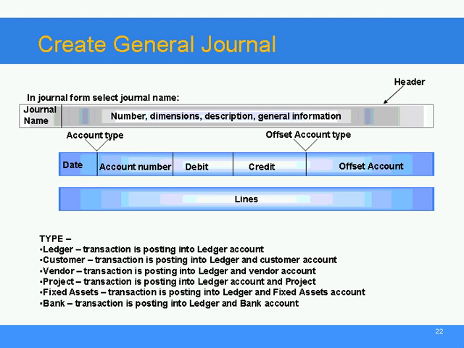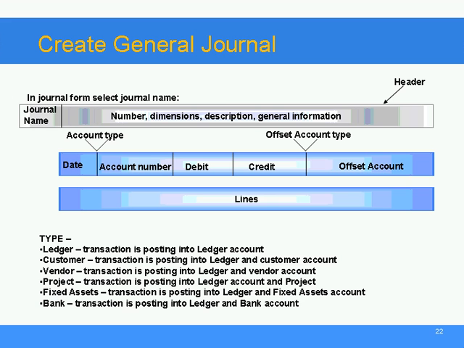Create general journal. That's all you need. In the journal form, select the journal name and create the header. So you can set up dimensions, description, general information.